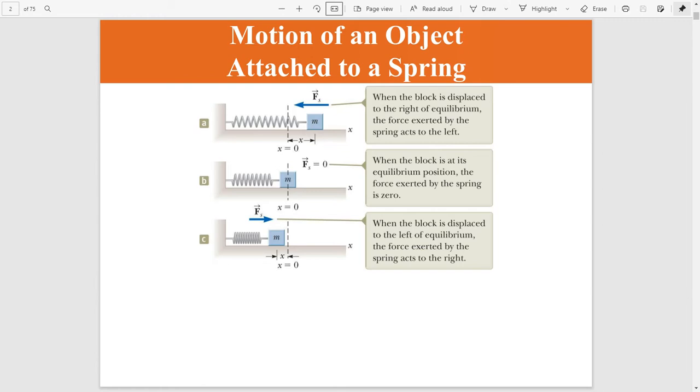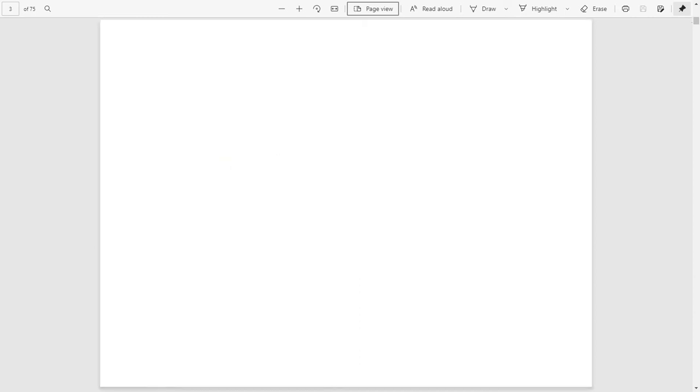And if you compress this spring block system to the right, like in figure C, there will be a restoring force acting on the block from the spring that wants to push the block back to the right once it's released. This restoring force is proportional to the displacement of the block from its equilibrium position.